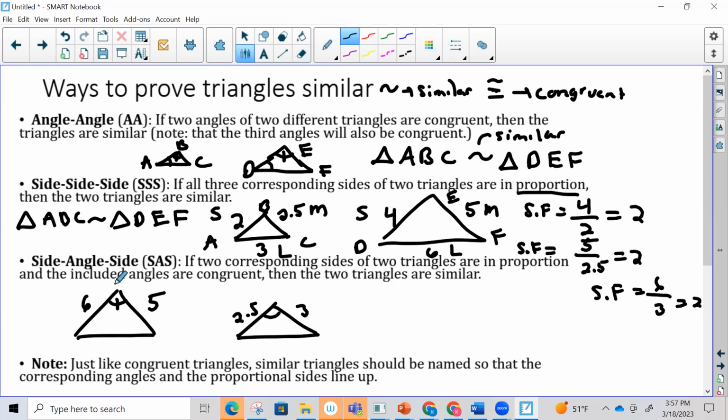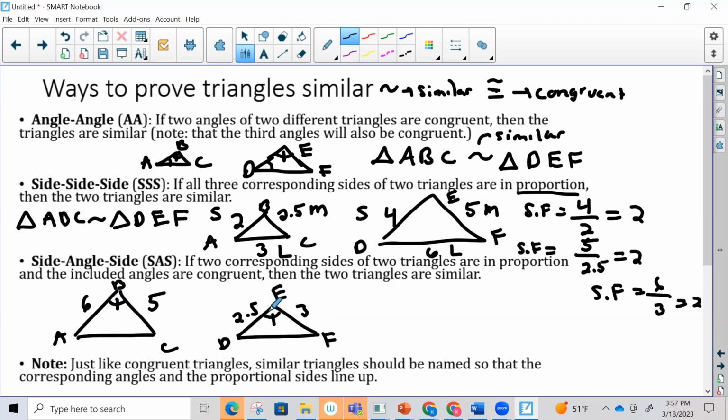So if I have these 2 triangles, what I would have to do is I would see that I have an angle and then I have a side length here and a side length here. And the same is true on the other triangle. So I have 2 side lengths and an included angle.